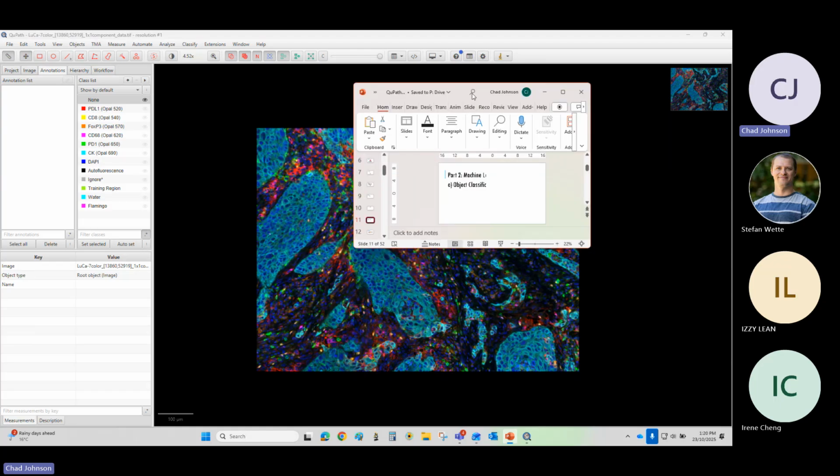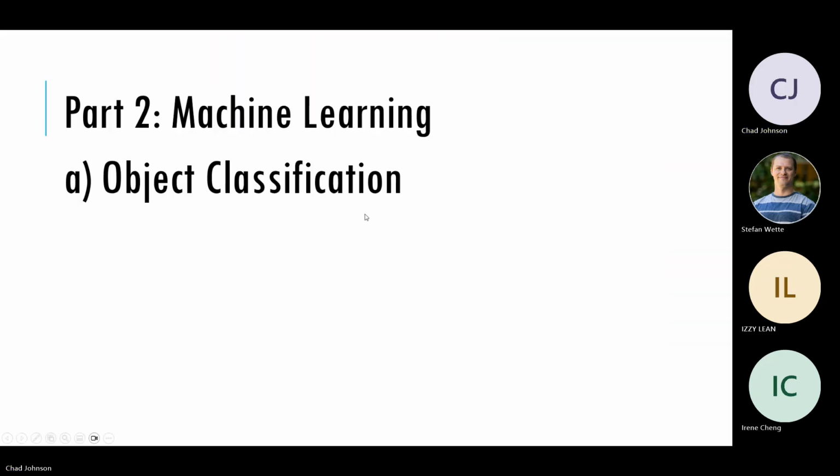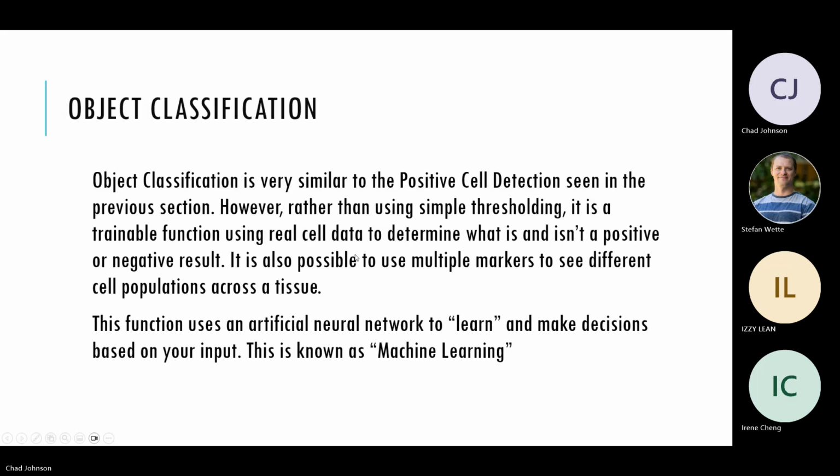Right, machine learning, object classification. If you remember back, we did some positive cell detection of an HDAB image.